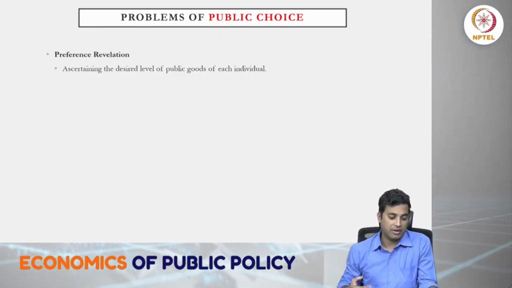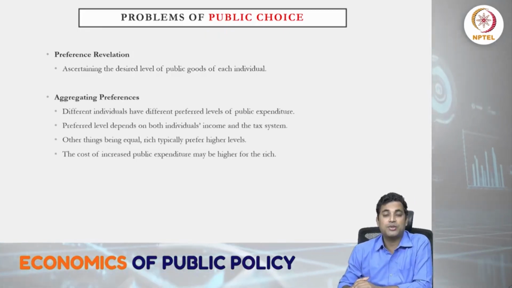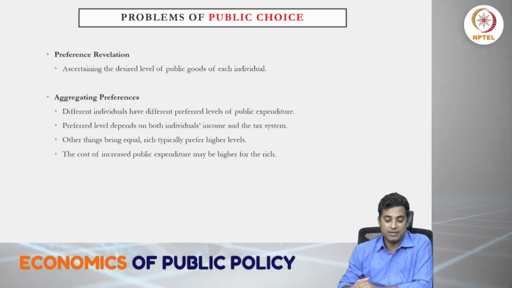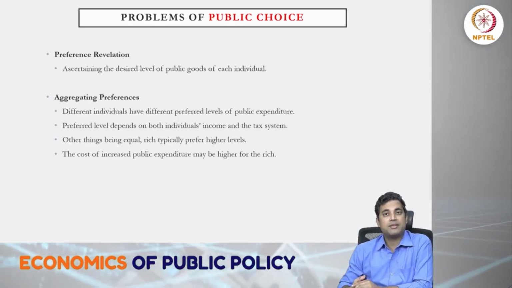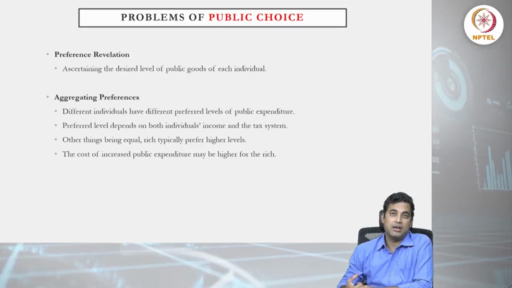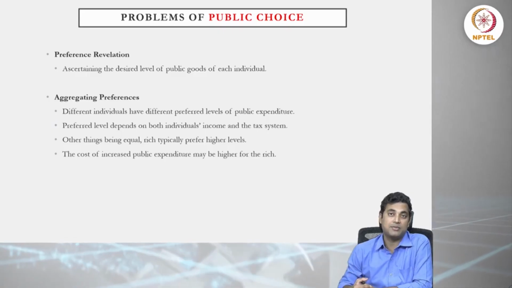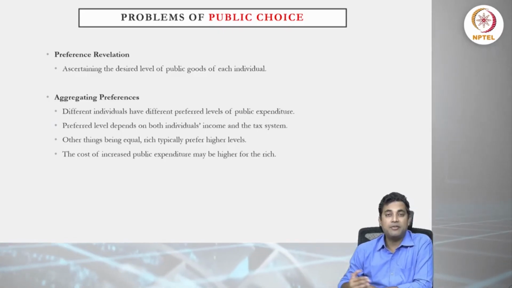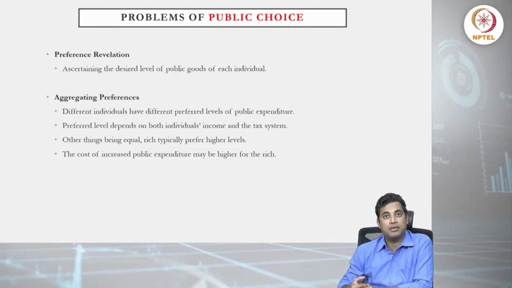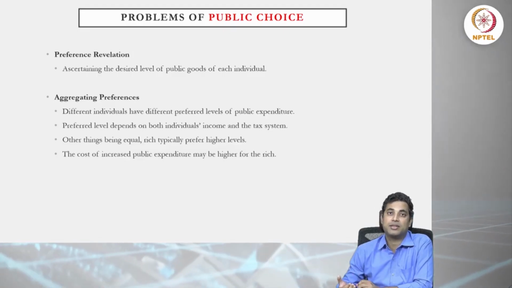The second set of problems associated with public choice is aggregating preferences. Aggregating preferences is very difficult. We already know from utility functions and indifference curve characteristics that different individuals have different preferred levels of public expenditure, and different tastes and preferences over certain commodities.